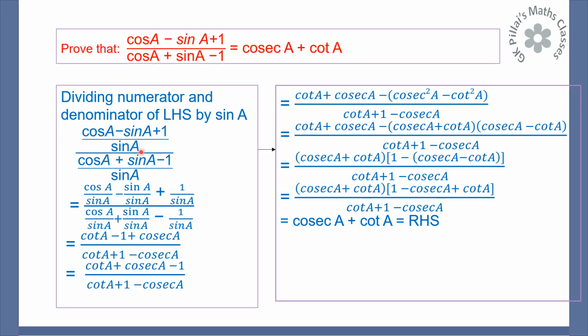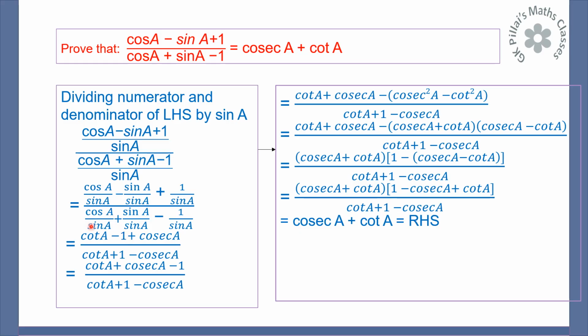So we will take up the LHS, divide the numerator and denominator by sin A. And in the other sum which I mentioned, you will divide the numerator and denominator by cos A. After that, you separate the numerator and denominator into three parts. We are going opposite to taking the LCM. Cos A by sin A minus sin A by sin A plus 1 upon sin A.